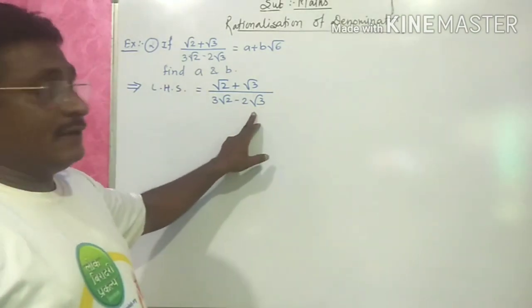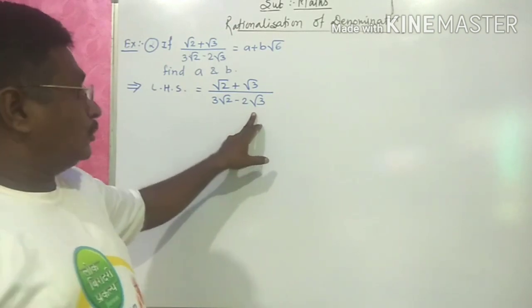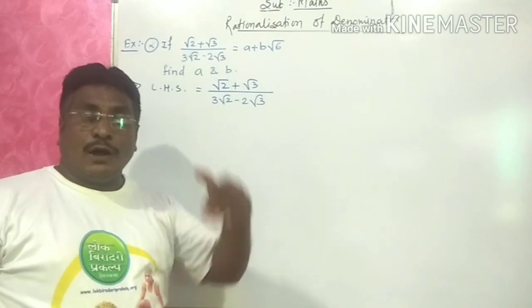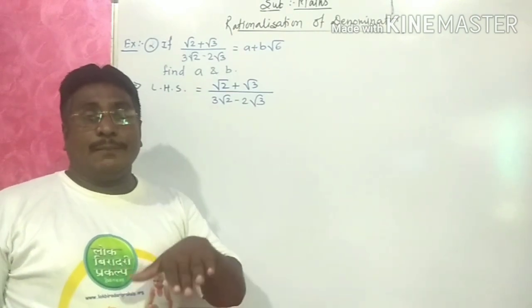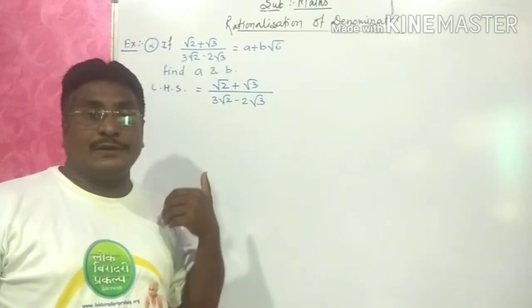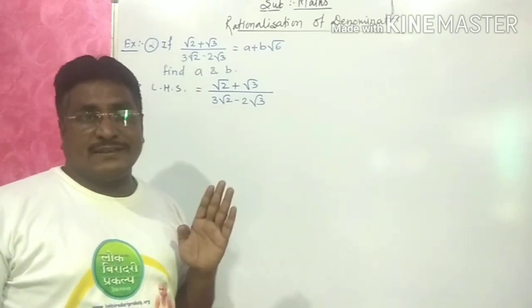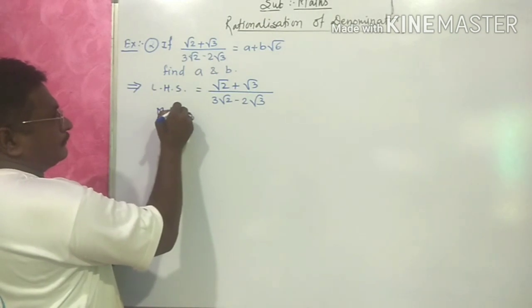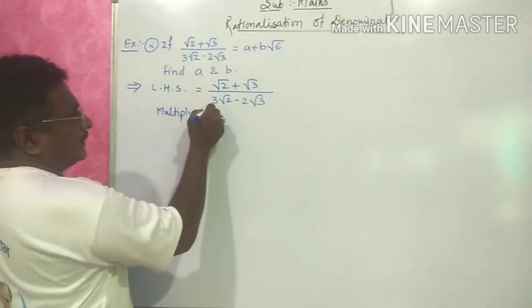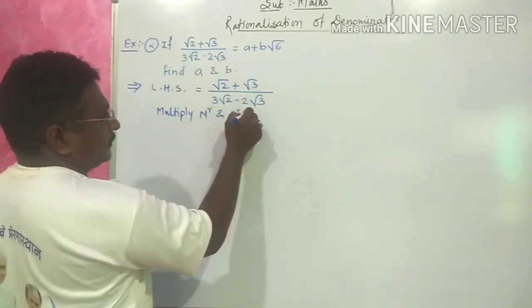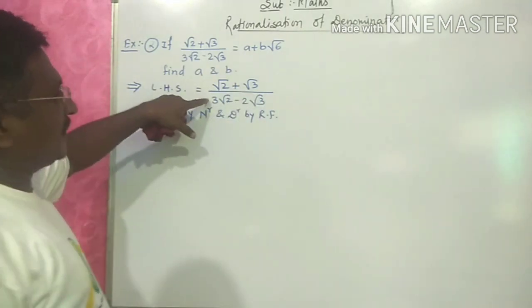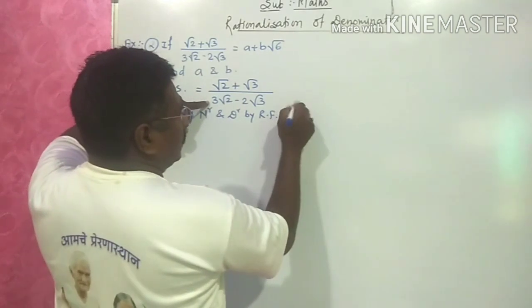The denominator is an irrational number, so make it rational. How to make it rational? By multiplying numerator and denominator by the rationalizing factor. So what is the rationalizing factor? 3 root 2.